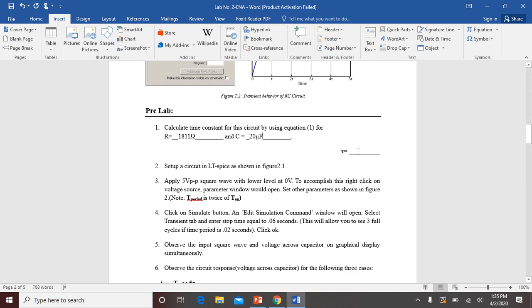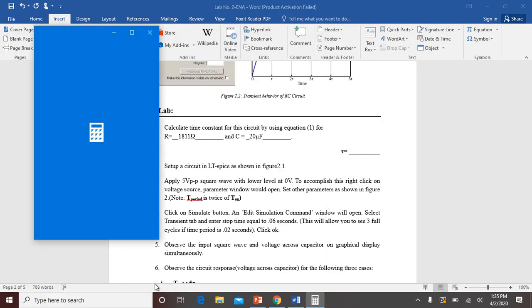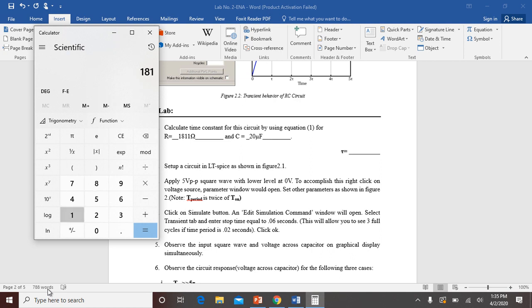Now to calculate the value of tau, we will simply multiply these two quantities, and to get this, I will go to the calculator. It's 20 multiplied by 10 raised to the power minus 6, multiplied by 1811.